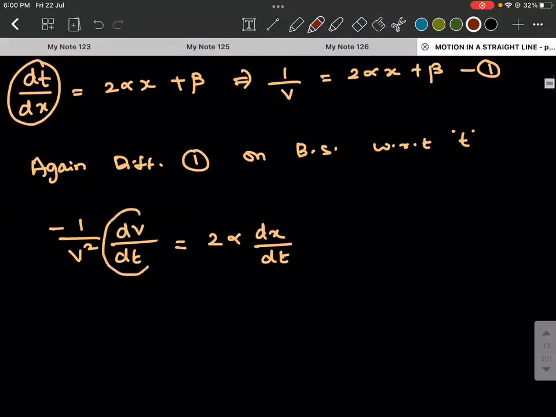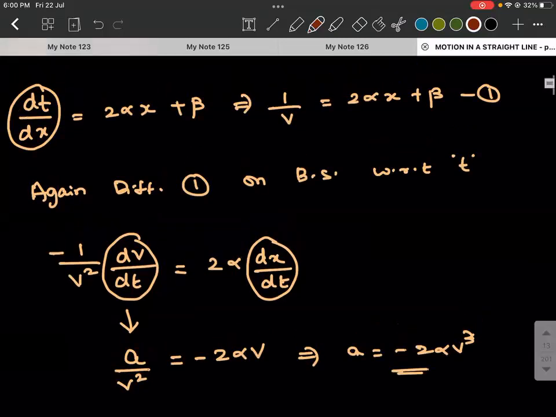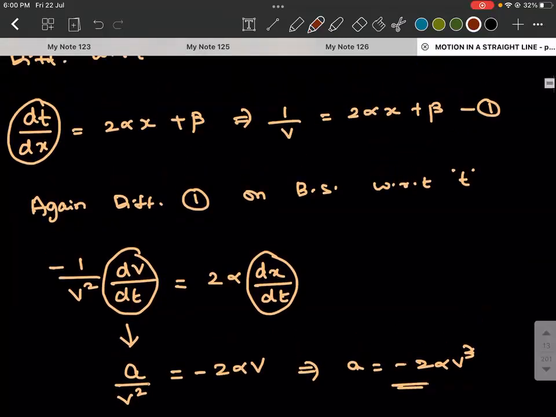Okay, what is dv by dt? A is equal to 2 into alpha into dx by dt, which is v. But don't forget you have a v square here, and the minus sign I'm pushing to the right hand side. From this I can say A is equal to minus 2 alpha v cubed. So the same problem could have been solved like this also.